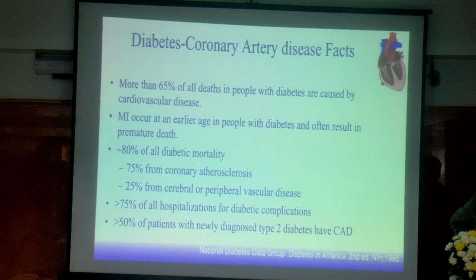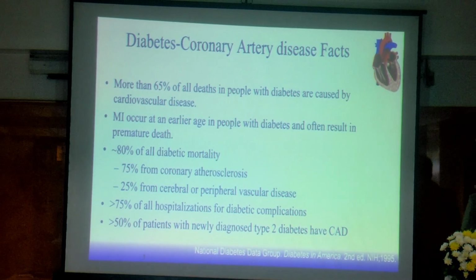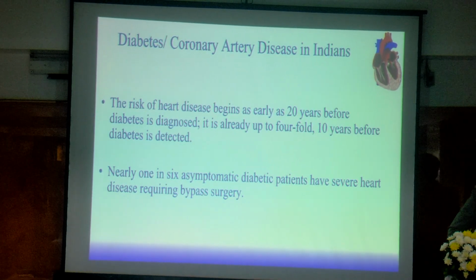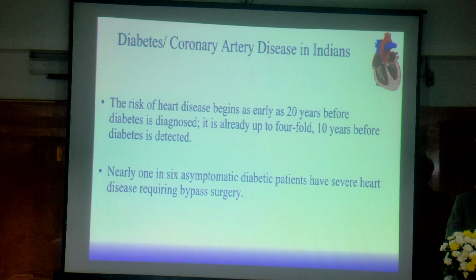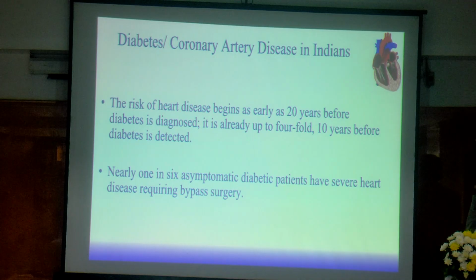And even patients who are just newly diagnosed have 50% coronary disease. Particularly Indians, we know that Indians already have a high incidence of diabetes, but more than that, Indians also have a higher incidence of coronary disease, particularly at a younger age. The risk of heart disease begins at least 20 years before the diagnosis of diabetes is made.